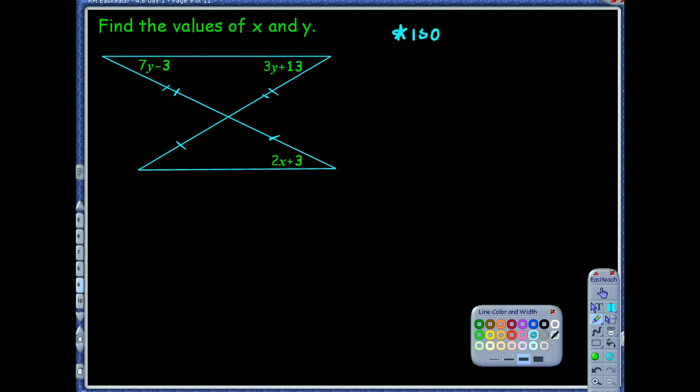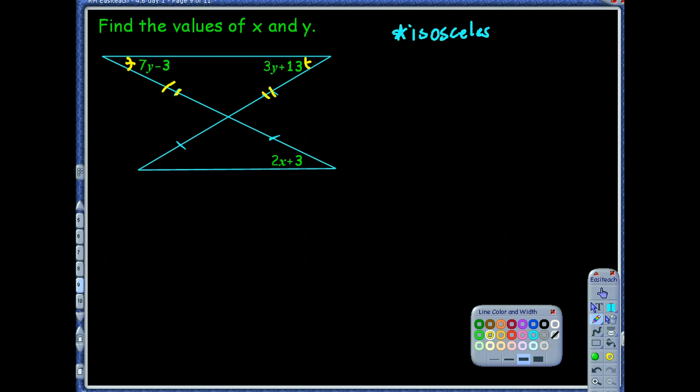So, isosceles, and this is more specific when you see 2 congruent sides. This isn't always going to be the case, but when you see that, think about what we know about isosceles triangles. What do you know about isosceles triangles? I know that their base angles are congruent. So, for example, 7y minus 3 is congruent to 3y plus 13, because if these legs are congruent, the angles across from them are congruent.